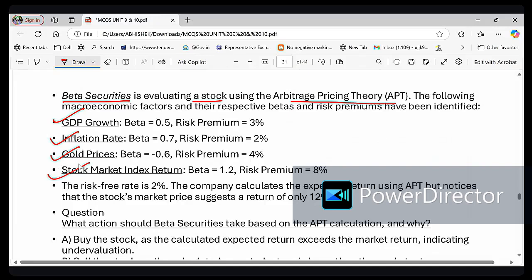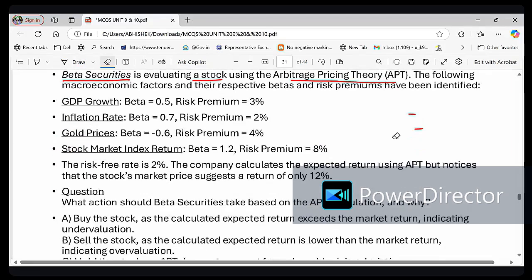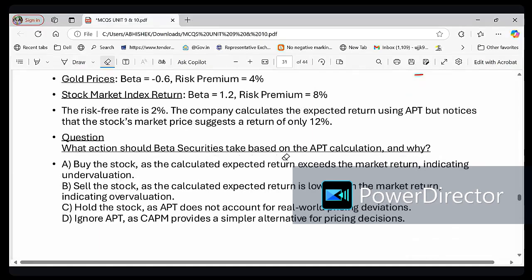The goal is simple: to calculate the expected return. The data have been given. What action should Beta Security take based on the APT calculation? Buy the stock, sell the stock, hold the stock, or ignore APT?